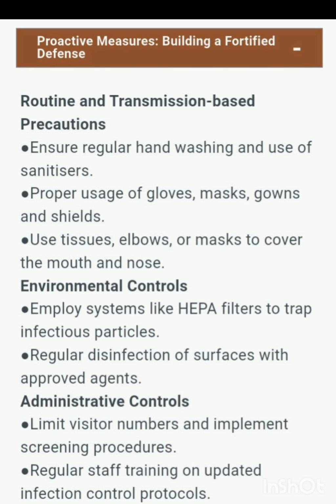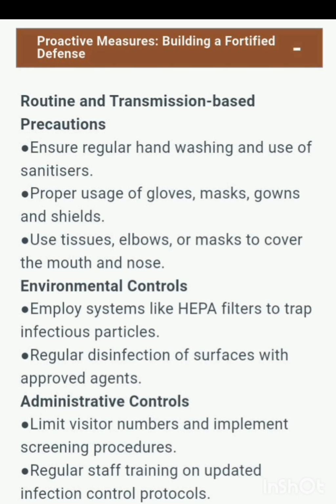The first measures taken are proactive measures, building a fortified defense: routine and transmission-based precautions. 1. Ensure regular hand washing and use of sanitizers. 2. Proper usage of gloves, masks, gowns, and shields. 3. Use tissues, elbows, or a mask to cover the mouth and nose.